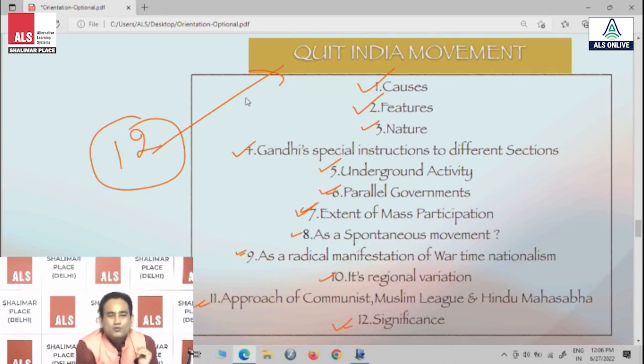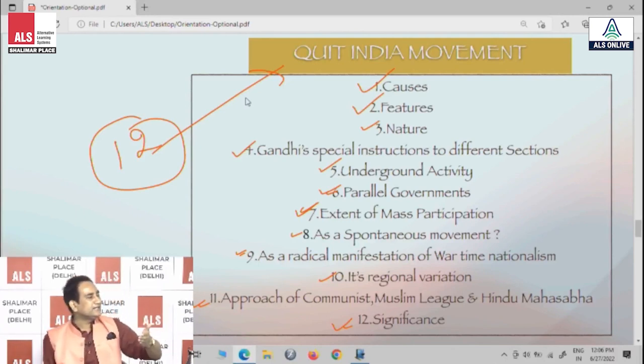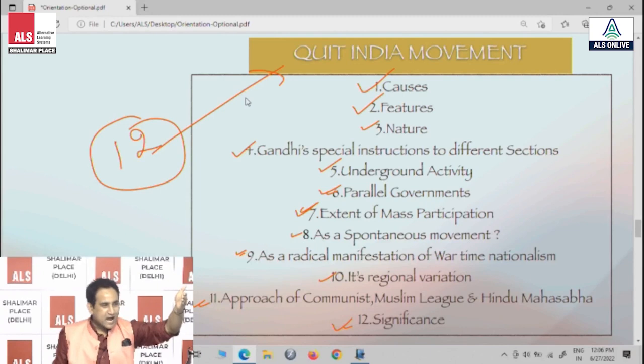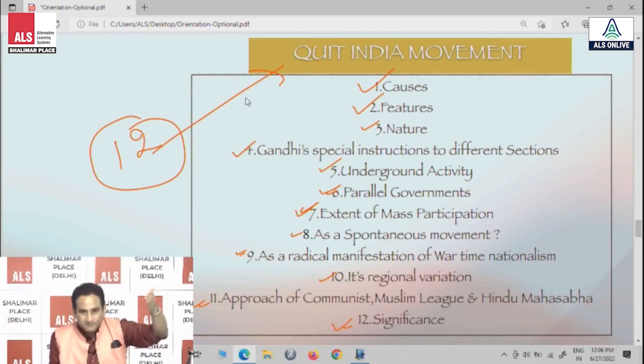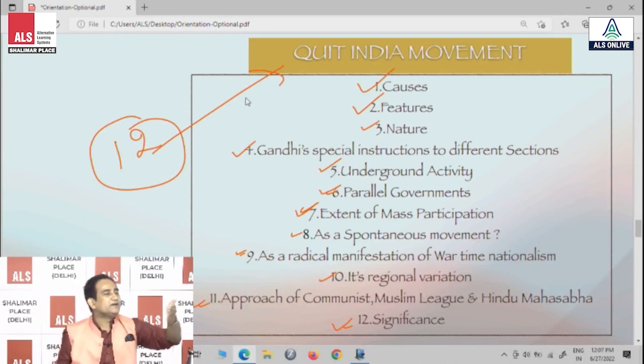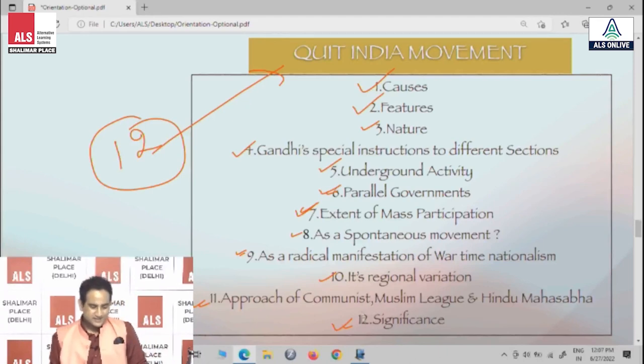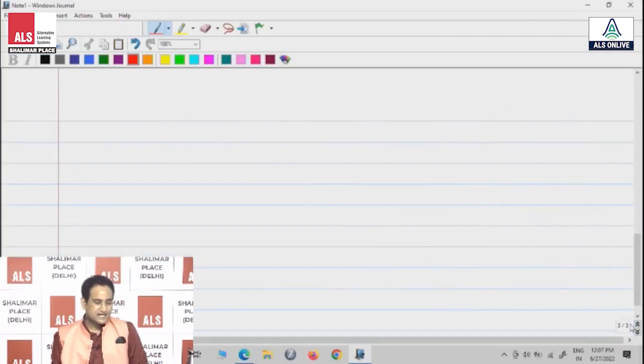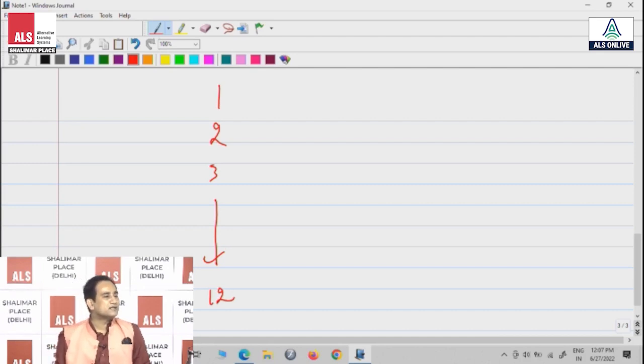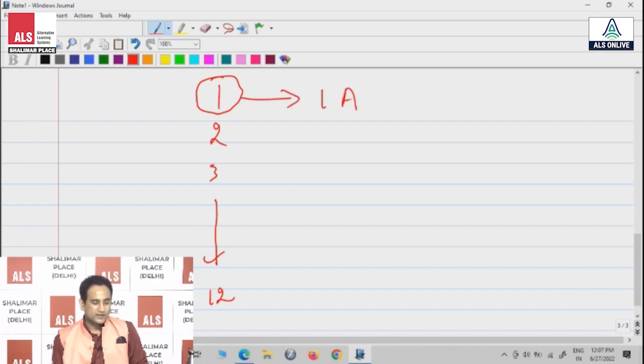So what I will be doing is highlighting topics, dividing them into different subtopics, and then dividing each subtopic into different dimensions. Are you getting my point? Suppose in the syllabus there are 12 chapters mentioned. What will we do in class? Suppose chapter number 1 has 5 subtopics: 1A, 1B, 1C, 1D, 1E.